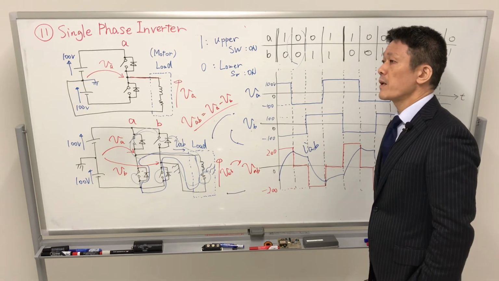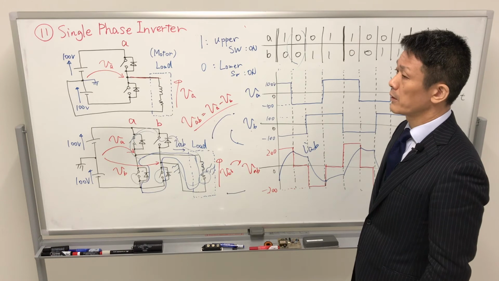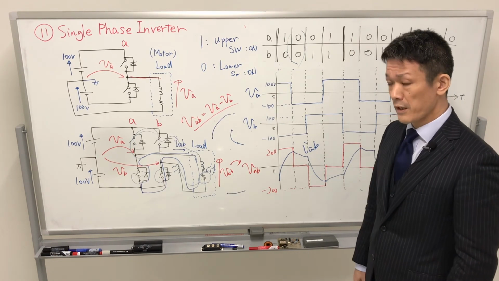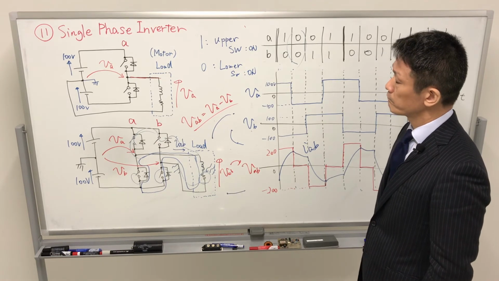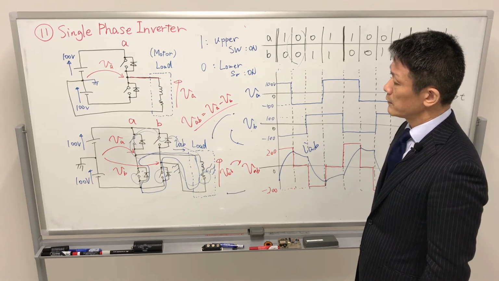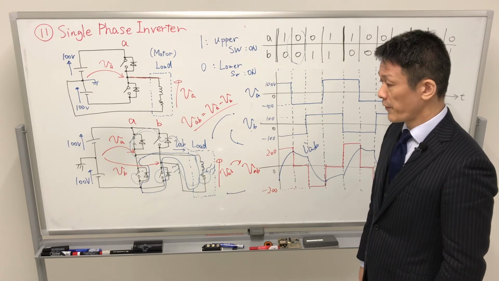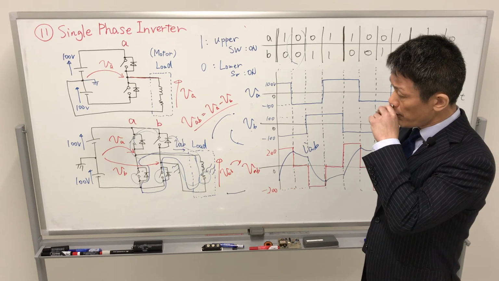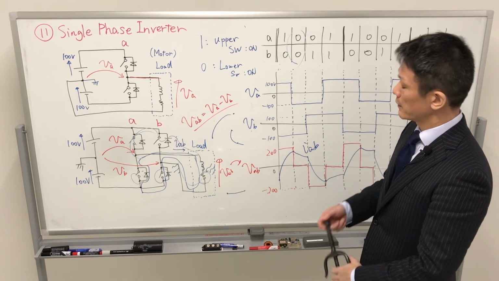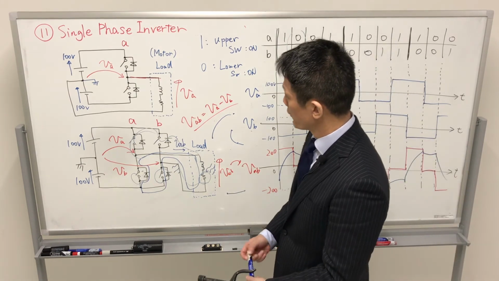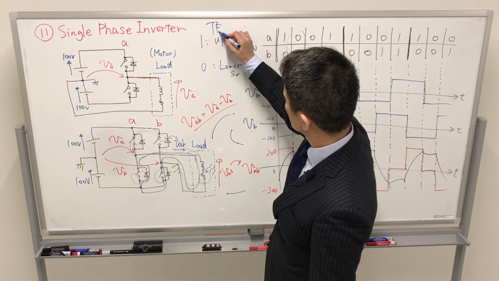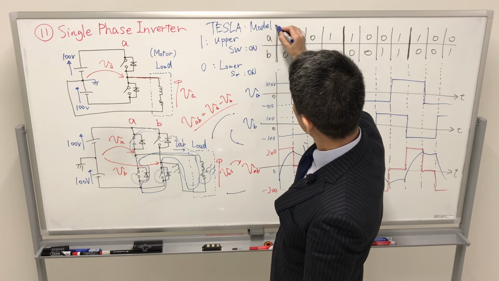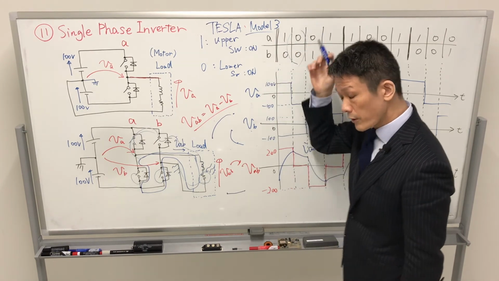In many power electronics applications, of course the automotive area, the DC voltage means the battery. Battery is very expensive. Usually the Tesla Model 3. Do you know the Model 3?